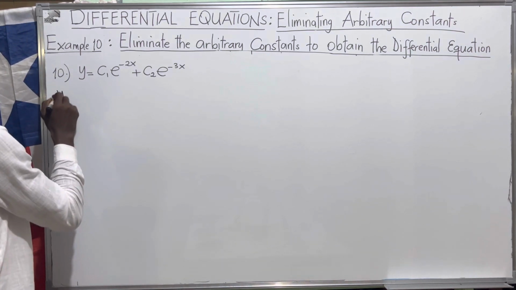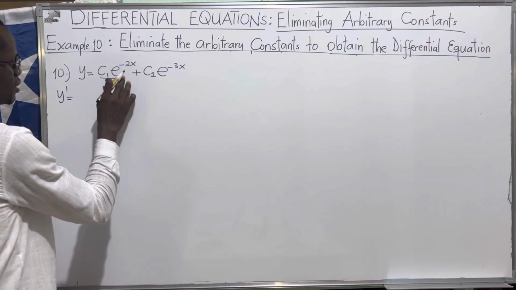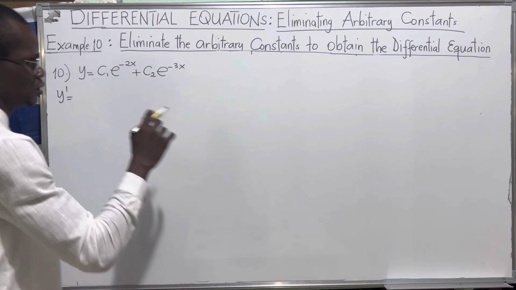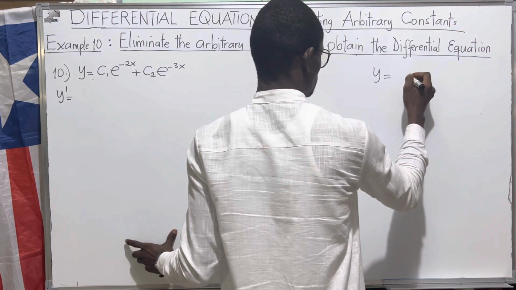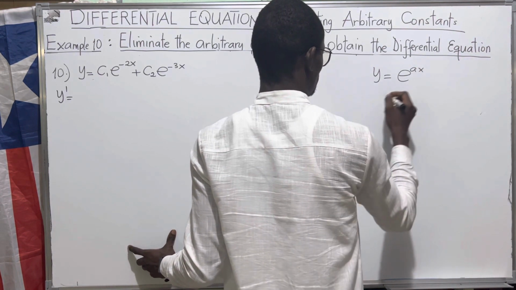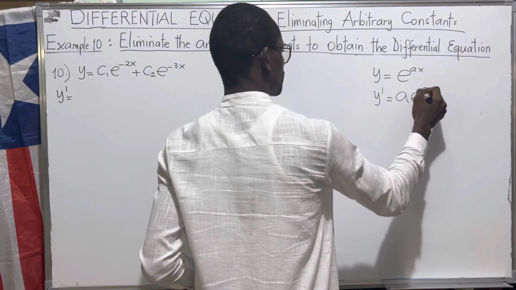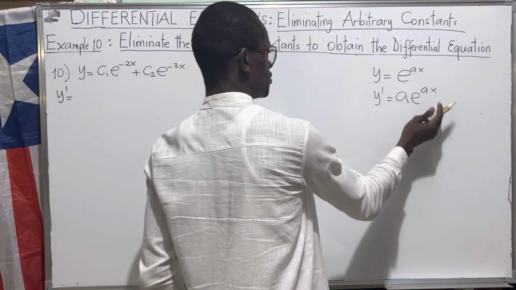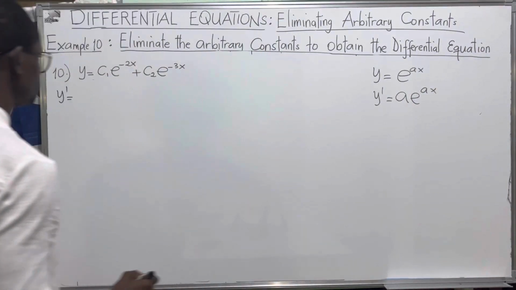So we differentiate the first time, y prime equals, now let's differentiate this one. Remember, we told you in our previous video, if y is equal to e raised to the power ax, it means y prime is equal to a e raised to the power ax. That is, you rewrite e raised to the power ax and you differentiate the power, which gives you a.